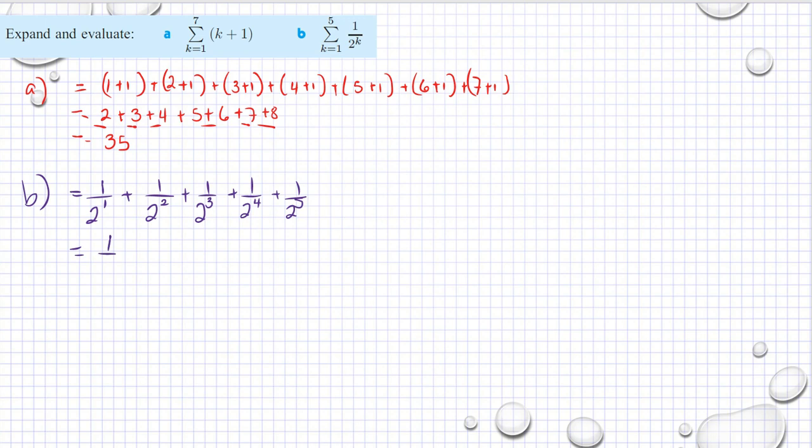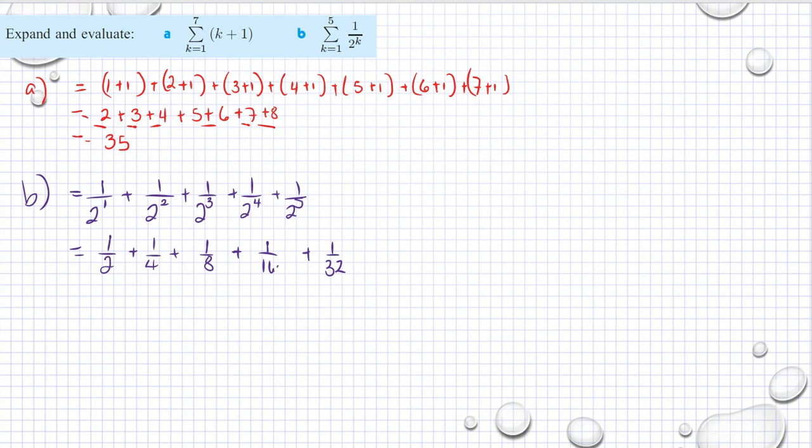And then we have 1/2 plus 1/4 plus 1/8 plus 1/16 plus 1/32.